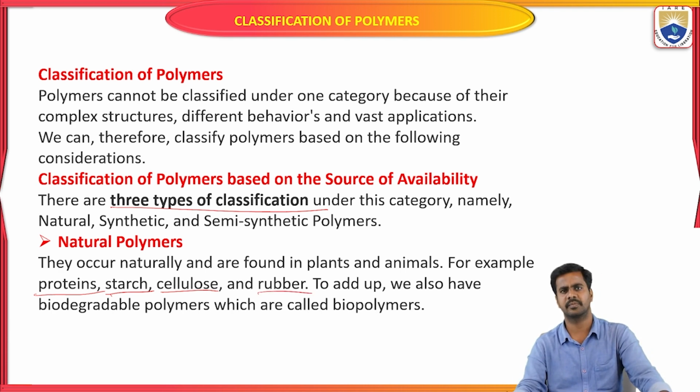Here we can take rubber as an example for natural polymers as well as synthetic polymers. Why? Because isoprene is the naturally occurring rubber. A number of isoprene units are combined to form natural rubber.